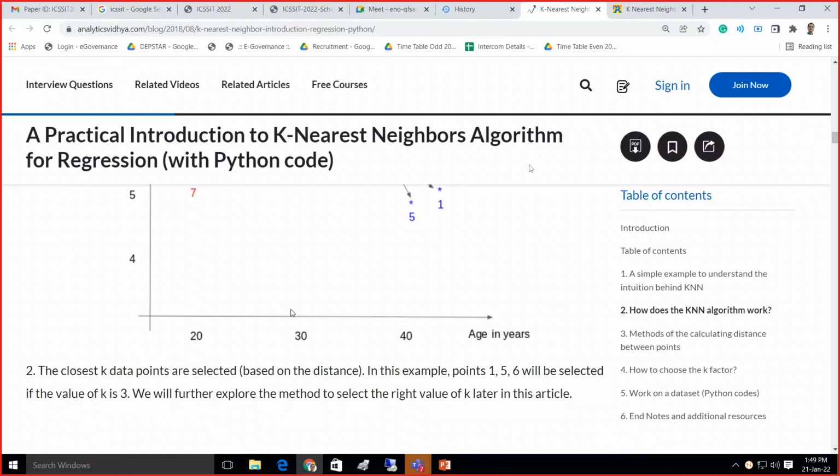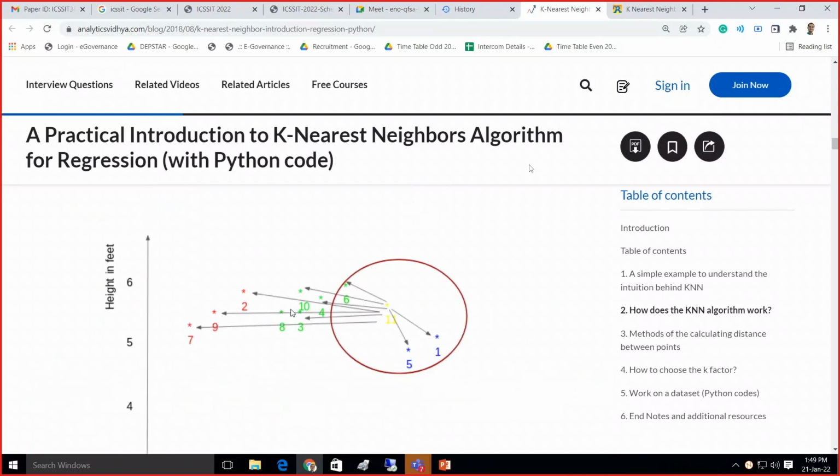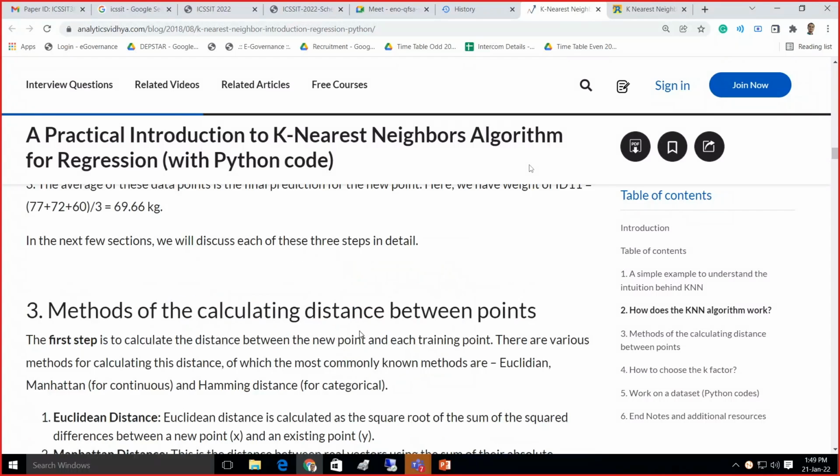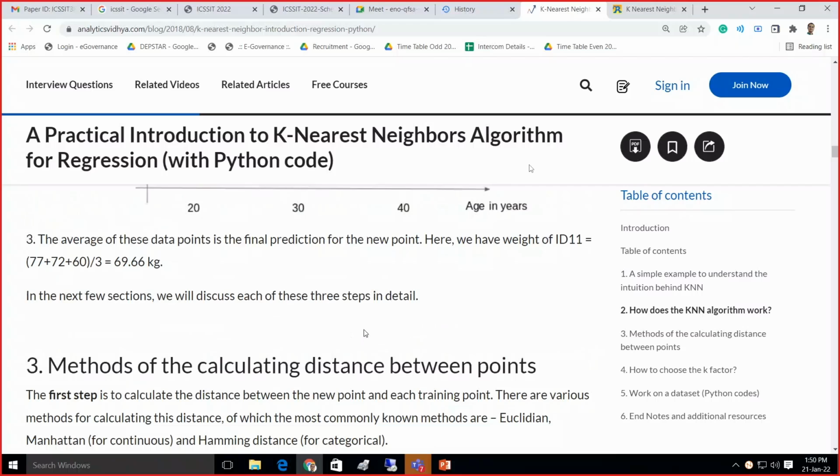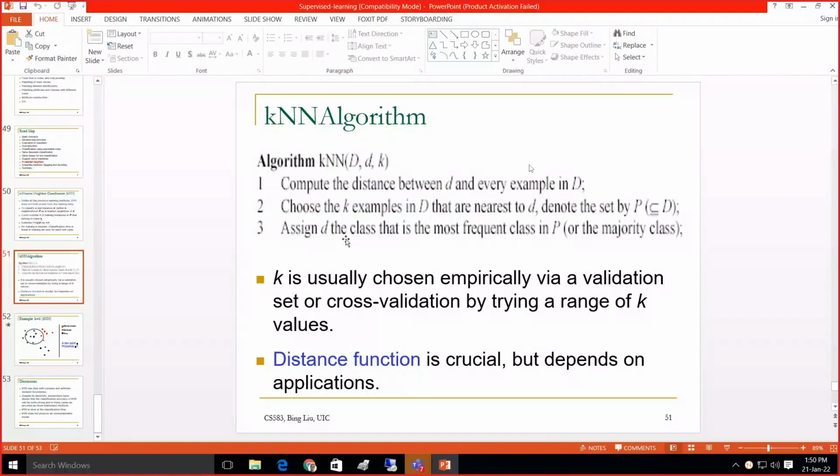Here, k equal to 3 is being considered. Once you have found the distances, you can see which ones are closest. Samples 1, 5 and 6 are the closest as per the distance. Step number 3 in the previous slide was to assign the class, but here there is no class.